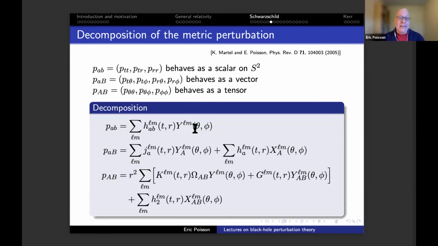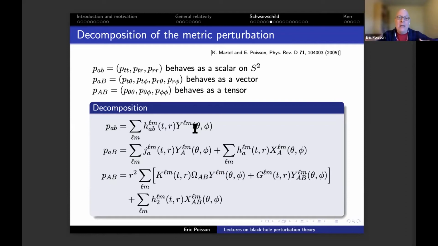In a different example, if we wanted to do cosmological perturbations, the underlying spacetime would be homogeneous and isotropic. So if we considered a universe with flat sections, we would use Cartesian coordinates, and we would find that the background metric would be independent of the Cartesian coordinates.